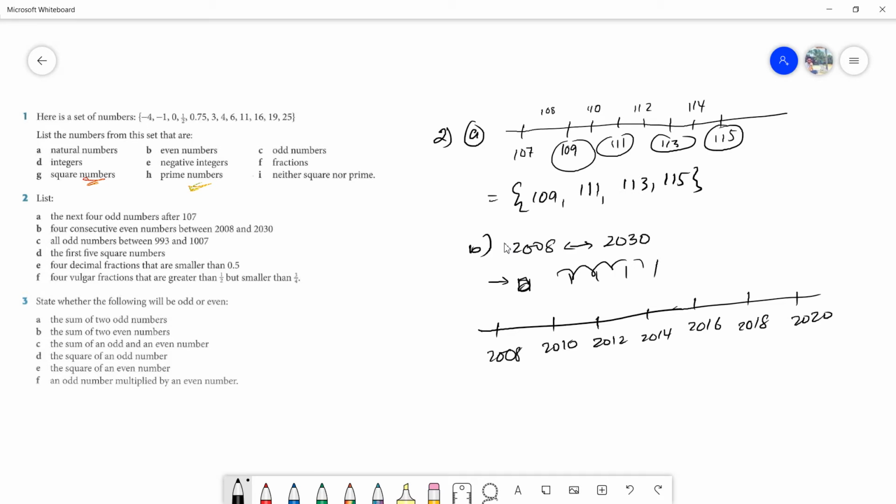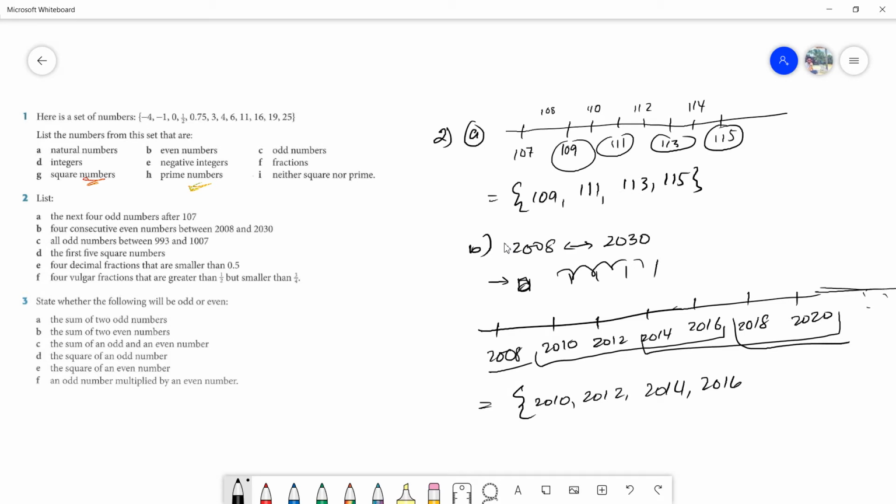After 2008 you can include these 4, or you can include any 4, up to 2030. You can keep writing and include any of the 4, but they must be consecutive. So let's say I'm going to choose 2010, 2012, 2014, and 2016. That's all.